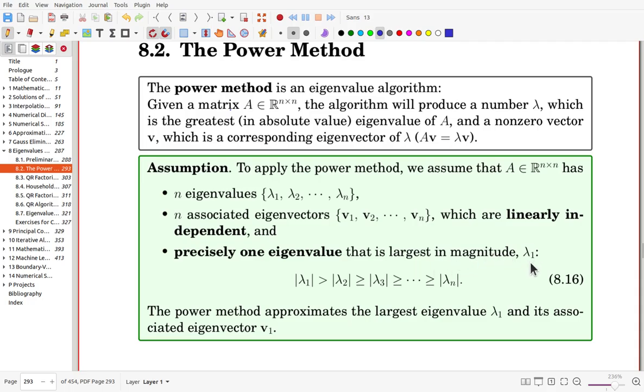Say lambda 1 is the largest one. That means in magnitude, lambda 1 is larger than any other eigenvalue. The power method will try to find lambda 1 and its corresponding eigenvector v1.